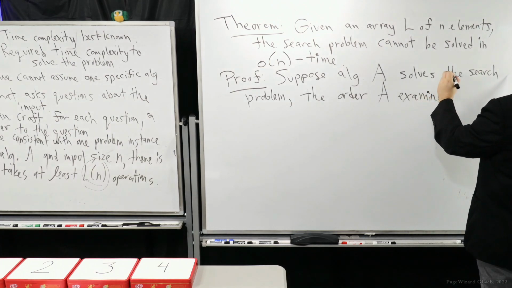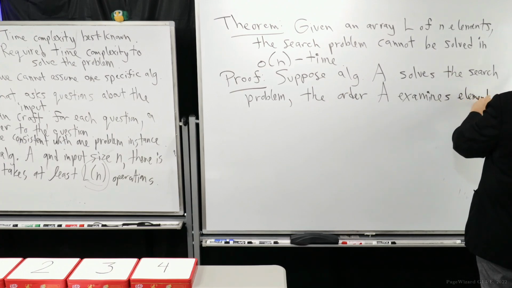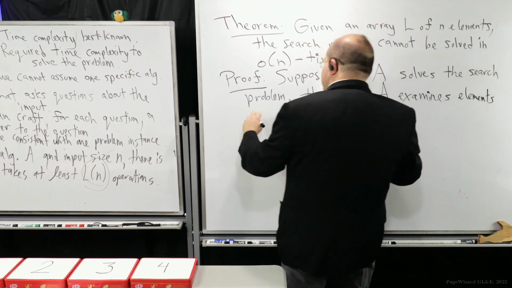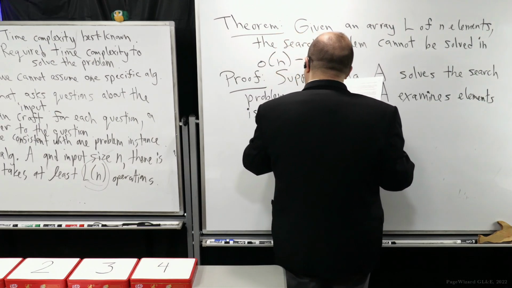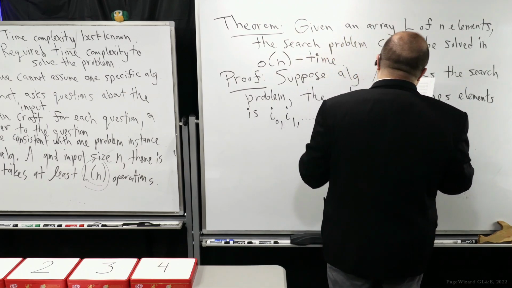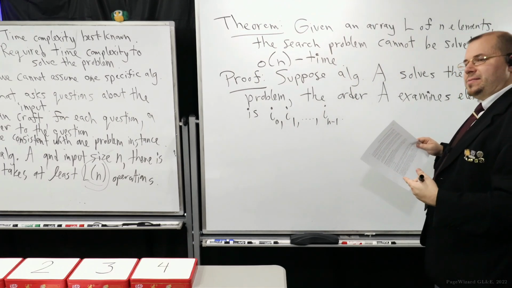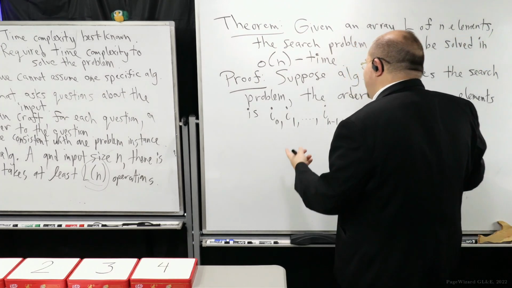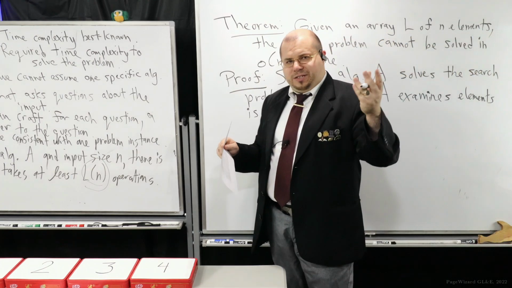The order it examines elements is as follows: I0, I1. So these are a whole bunch of indices or positions for an array. Like I said, these could be potentially visited more than once by your algorithm. The point is that this is the order that they get examined in by first appearance.